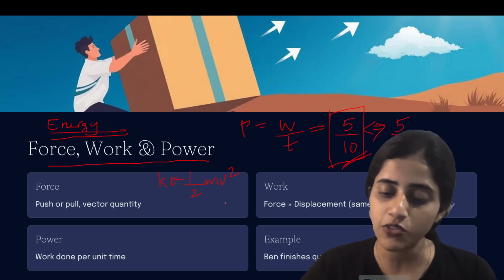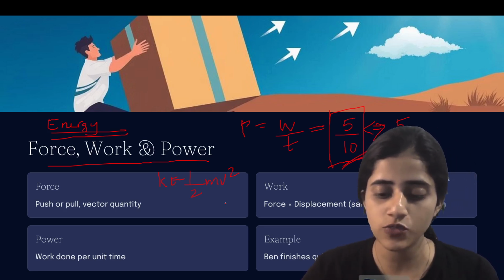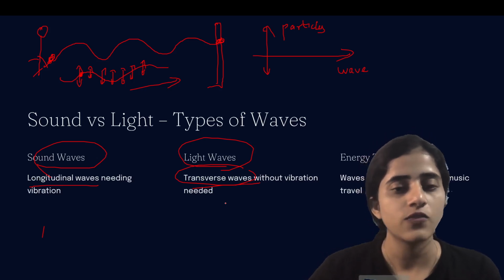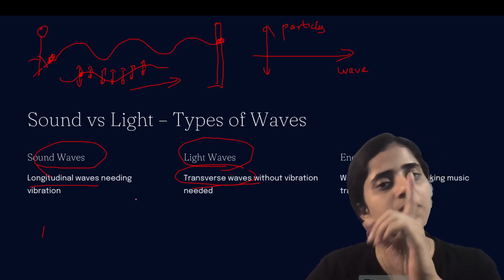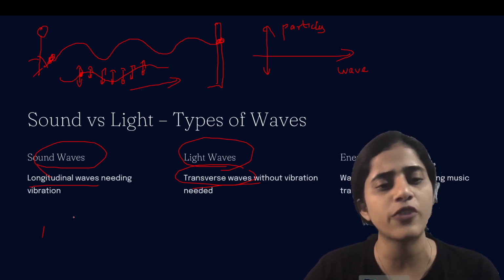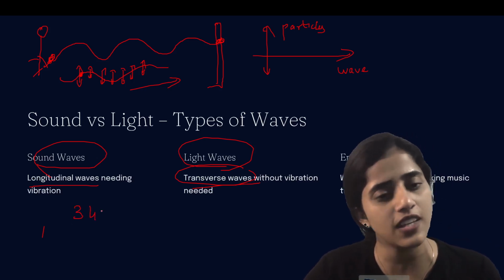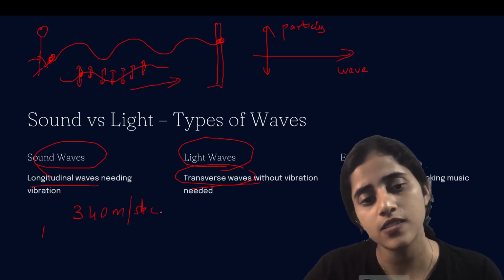We also looked at waves. We looked at sound waves and light waves. Another important thing I can tell you here is sound waves have a speed of approximately 330 to 360, let's say 340 meters per second.